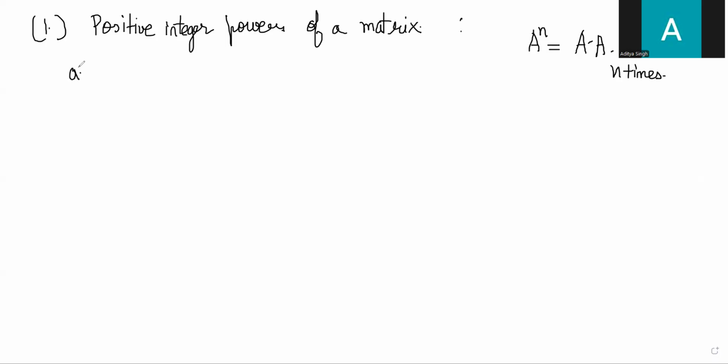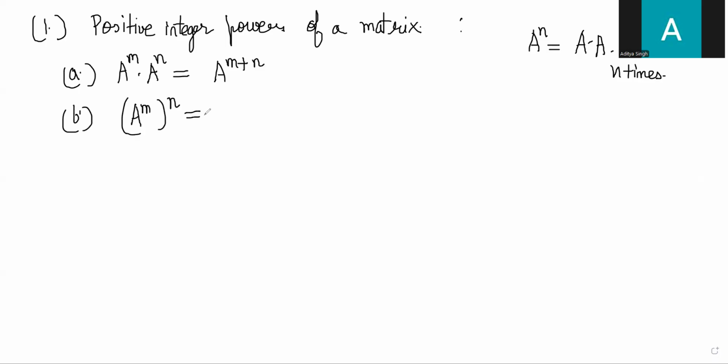Now it follows the following properties of exponentiation. These properties are still valid, just like regular numbers में जैसे valid होता है, right? This property is also valid, A power mn, right?